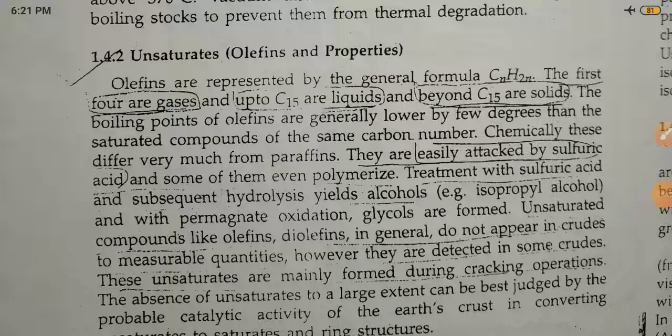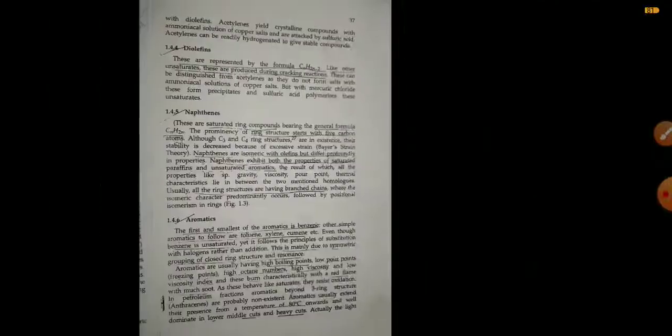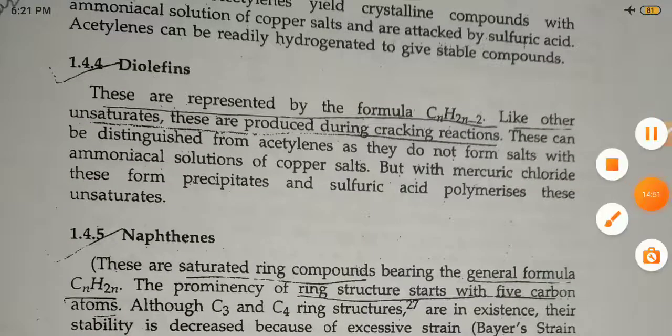Some properties are represented by the general formula CnH2n, and the first four are gases, up to C15 are liquid, and beyond this, solid. Now acidity and some properties. Now the diolefins.